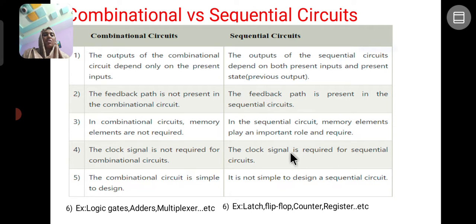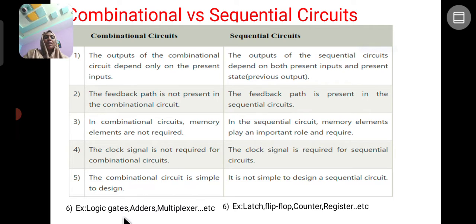The combinational circuit is very simple because output depends only upon input, so the design is very simple. Whereas a sequential circuit, unlike a combinational circuit, has a very complex design.